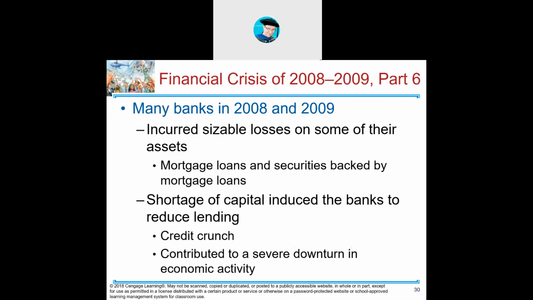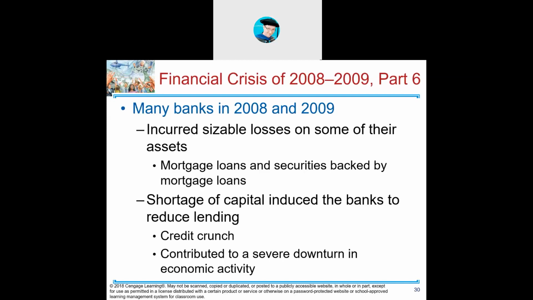What happened is they simply incurred too many losses. A lot of homeowners defaulted on their mortgages, and it led to substantial losses on their assets. And so what happened is you still have all these liabilities and you've got fewer assets. That's a problem.